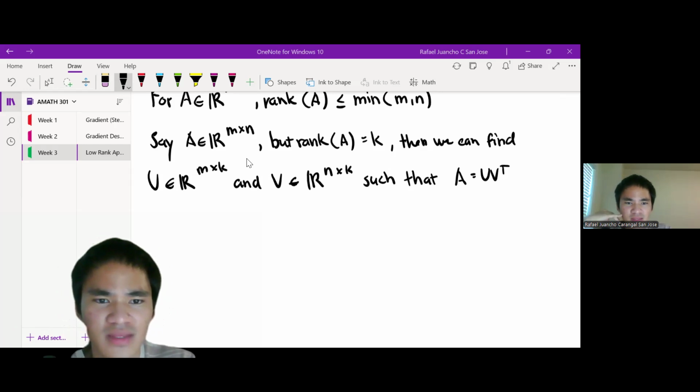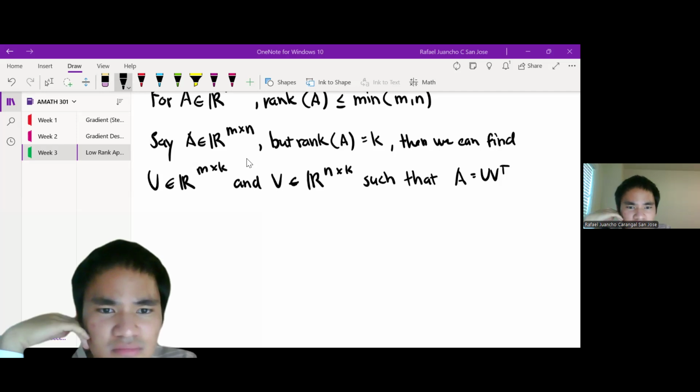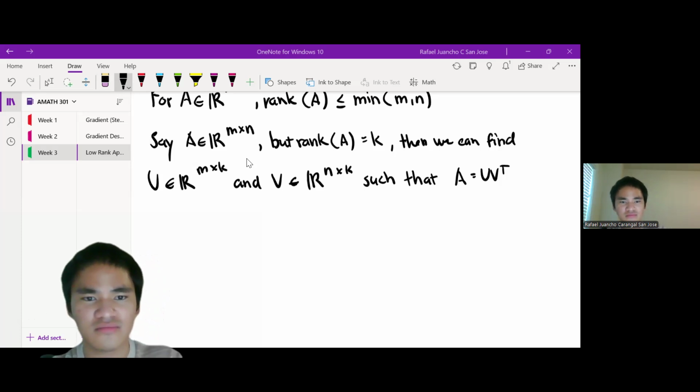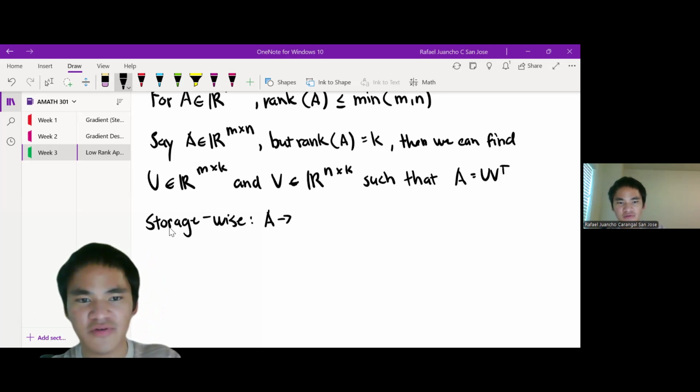Okay. So if we look at it storage-wise, so here now we're looking at it storage-wise. Well, here we see that A, if we count the number of flops, is M by N elements, right?